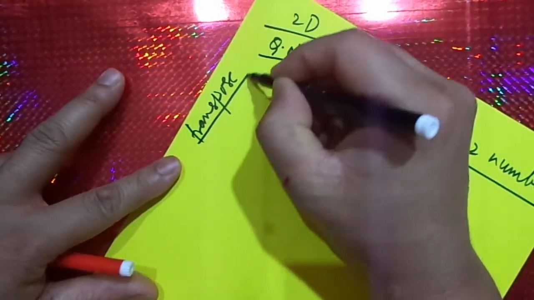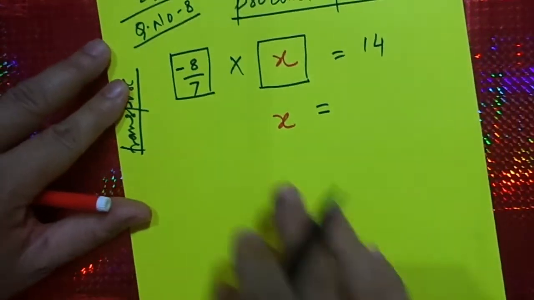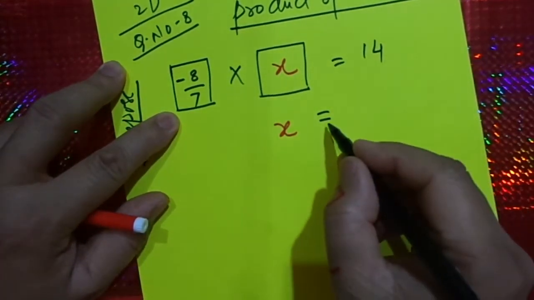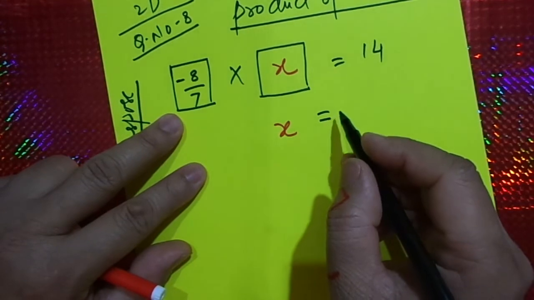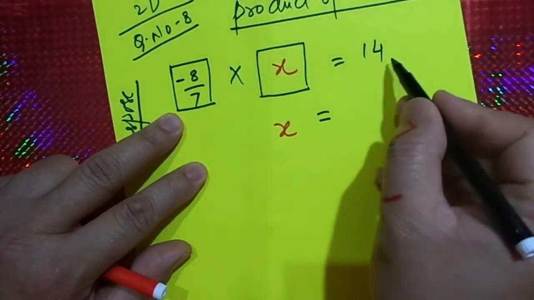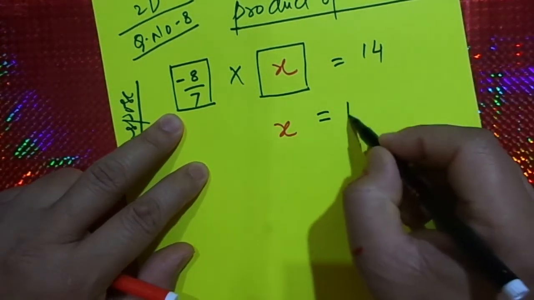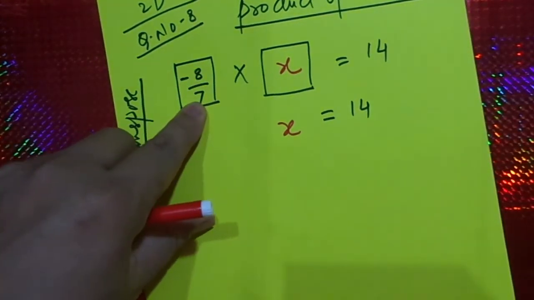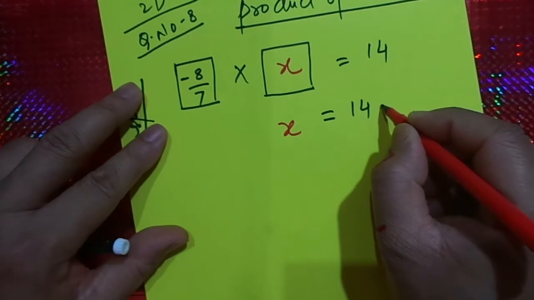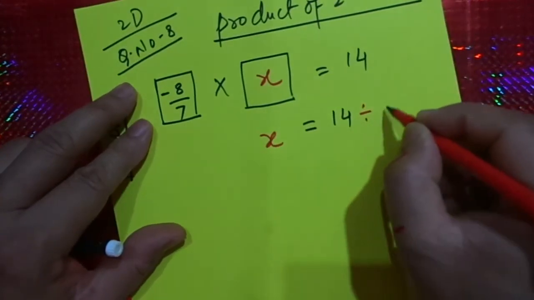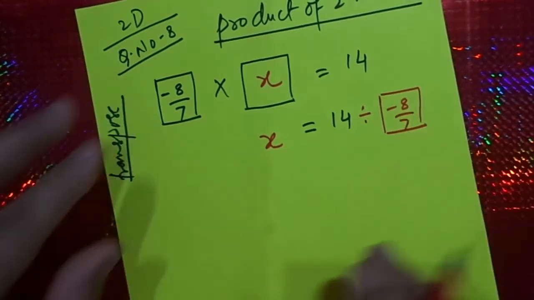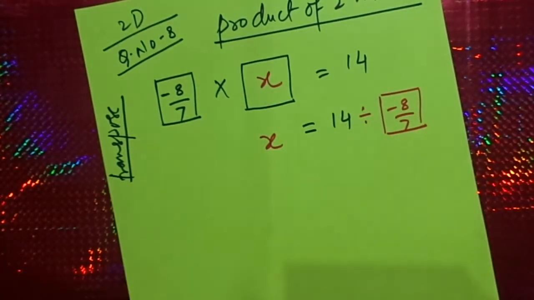So when we transpose one of the numbers onto the other side of this equal sign, if it's in multiplication form, we change it into division form. 14 is already over here. This minus 8 by 7 went to the other side, therefore divided by minus 8 by 7. I picked it up and I kept it over here.